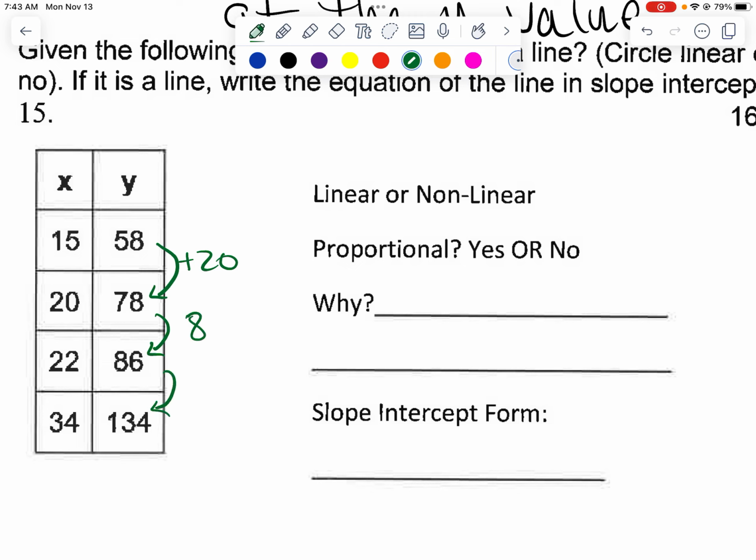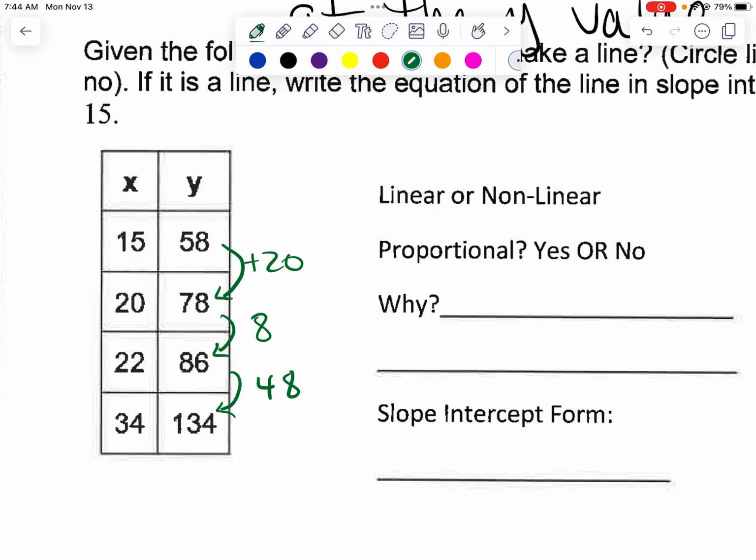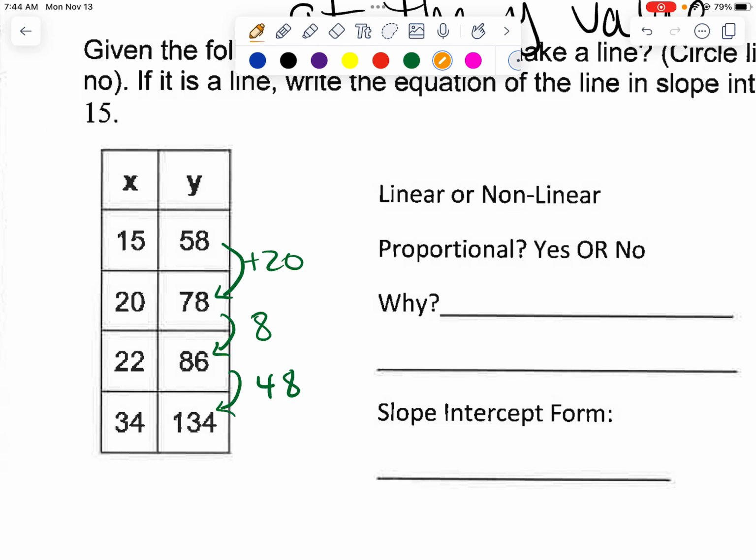This goes up by 48. Okay, so then I look over on this side, and this side goes up by 5. This side went up by 2. This side went up by 12.